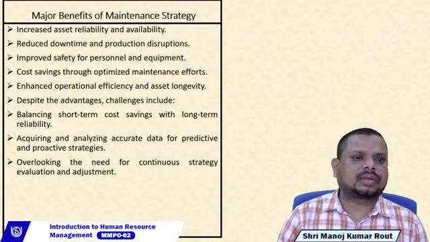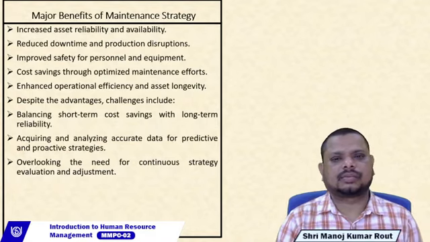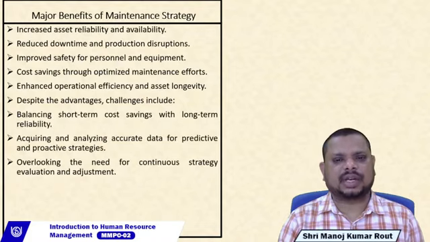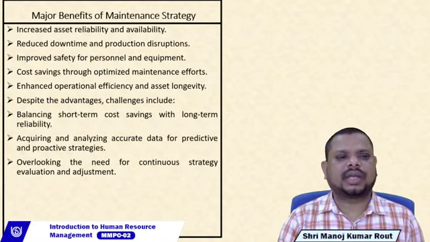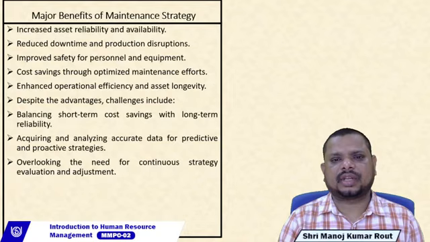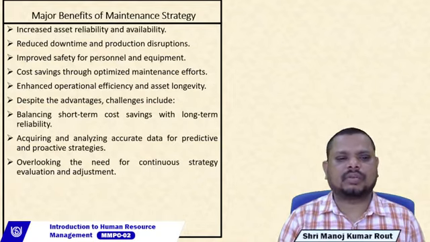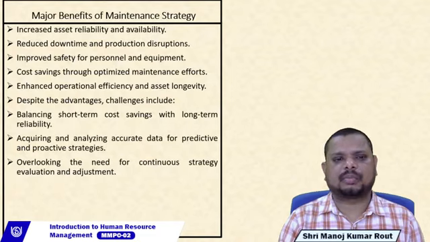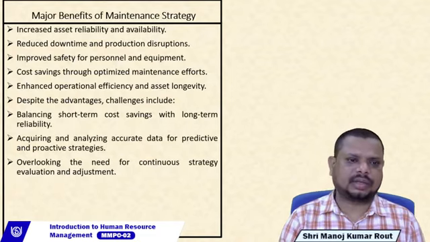Moving to the next one: what are the benefits? Let's understand the benefits we get by implementing the maintenance strategy. The first one is increased reliability and availability of various machines and equipment. The next one is reduced downtime and production disruptions.